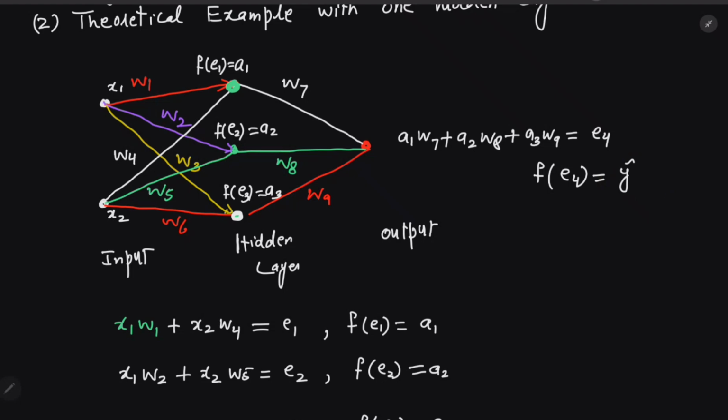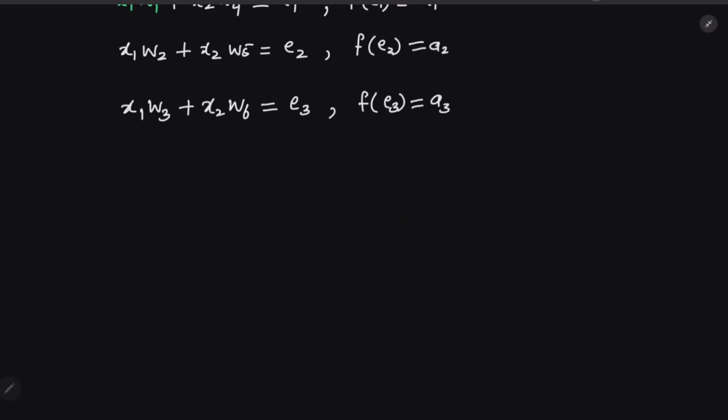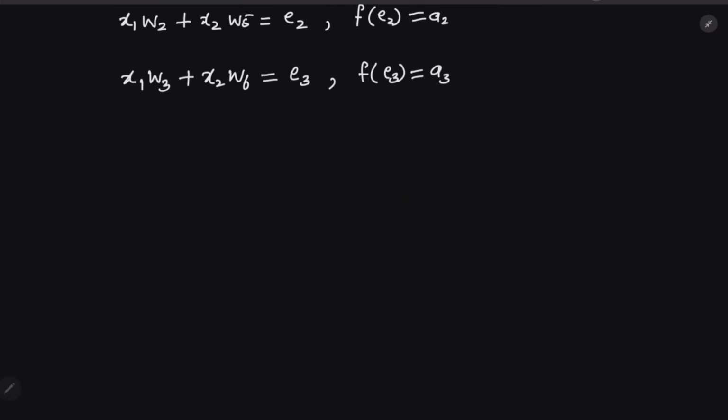Now you have to decide whether to apply the sigmoid function or the ReLU function. It becomes very important to decide the activation function. Sometimes, for example, the ReLU function only gives you positive answers.